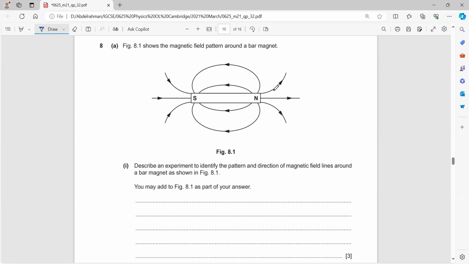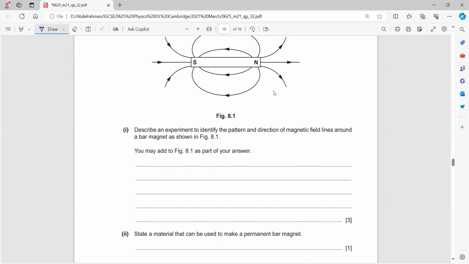We place the compass in several positions around the magnet.